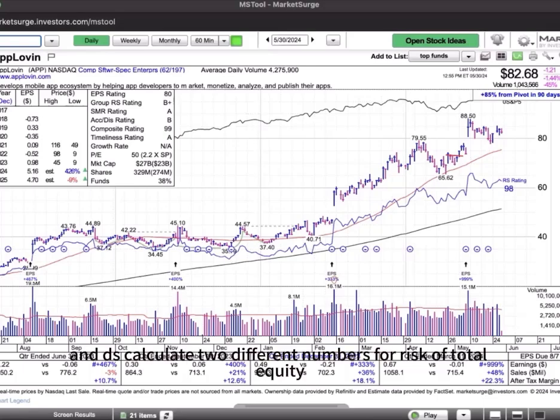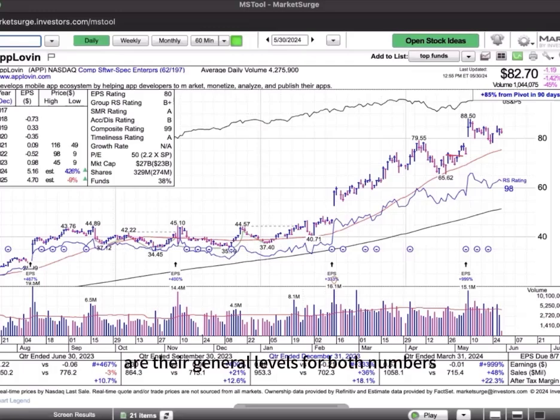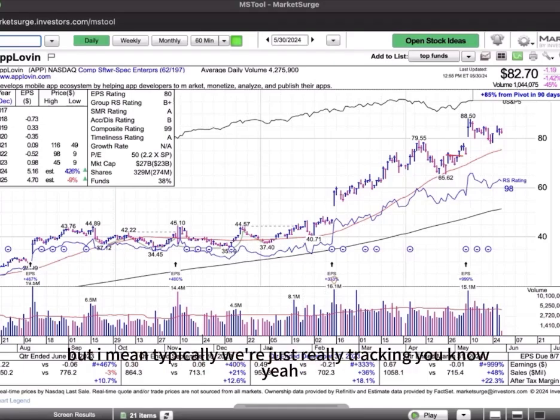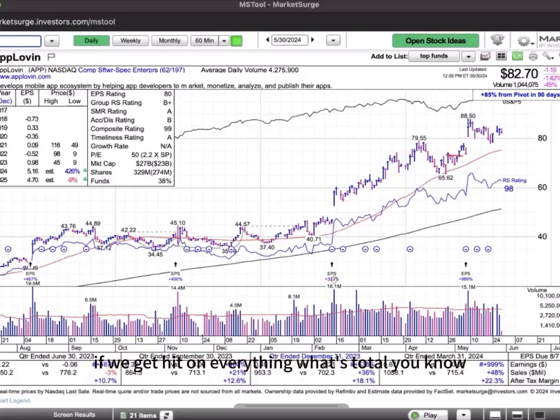Braxton is asking, do you guys calculate two different numbers for risk of total equity as well as your drawdown if all stops are hit? If so, are there general levels for both numbers that you're comfortable with? I don't know if I know what he's asking there, but typically we're just tracking, if we get hit on everything, what's the total hit to our portfolio?